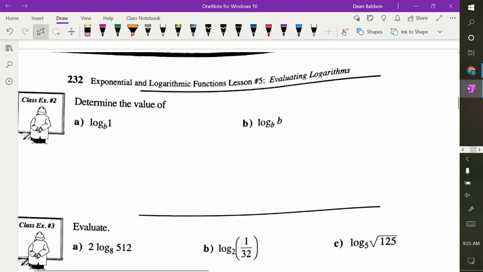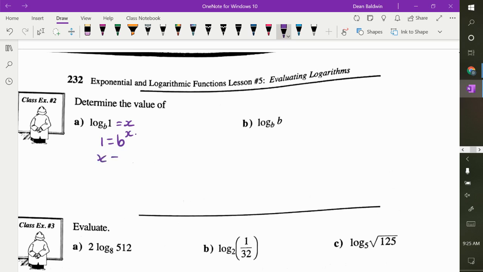All right. Log base b of 1 equals what? What is its value? 1 is equal to b to the x. What's x equal?